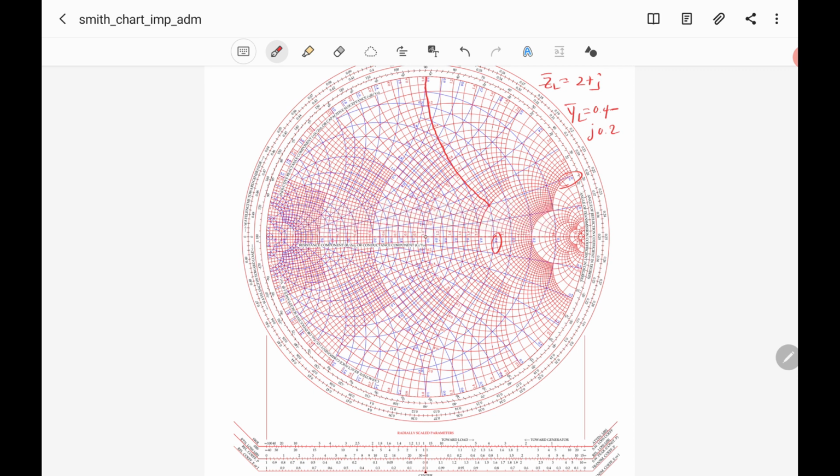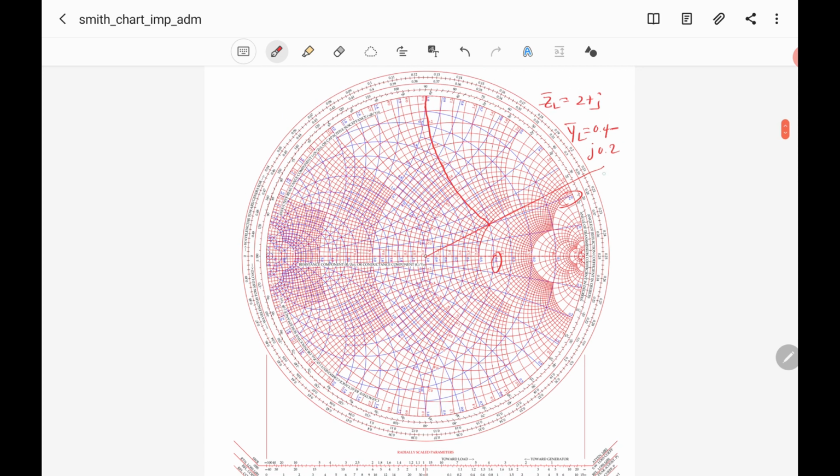Because this problem asks about a 0.15 lambda transmission line, we should rotate 0.15 lambda, right? So we start from here, which is about 0.212, plus 0.15, gives 0.362. So this is increasing, keep increasing.